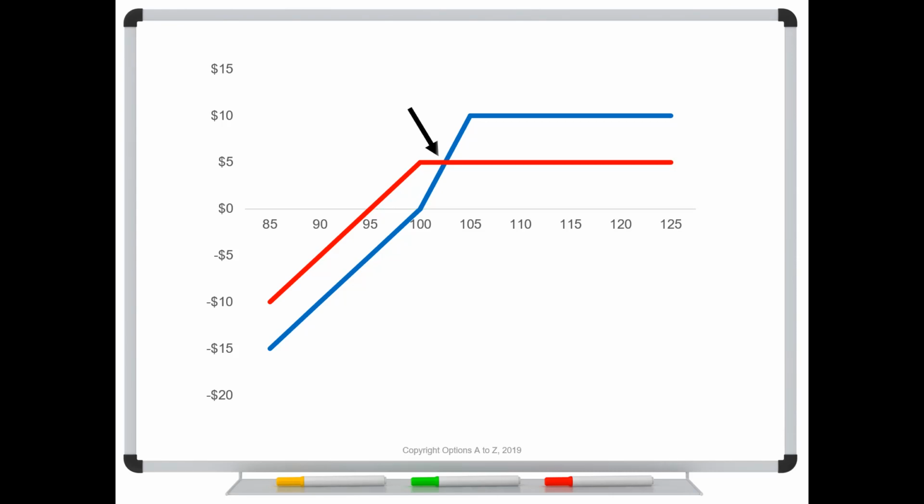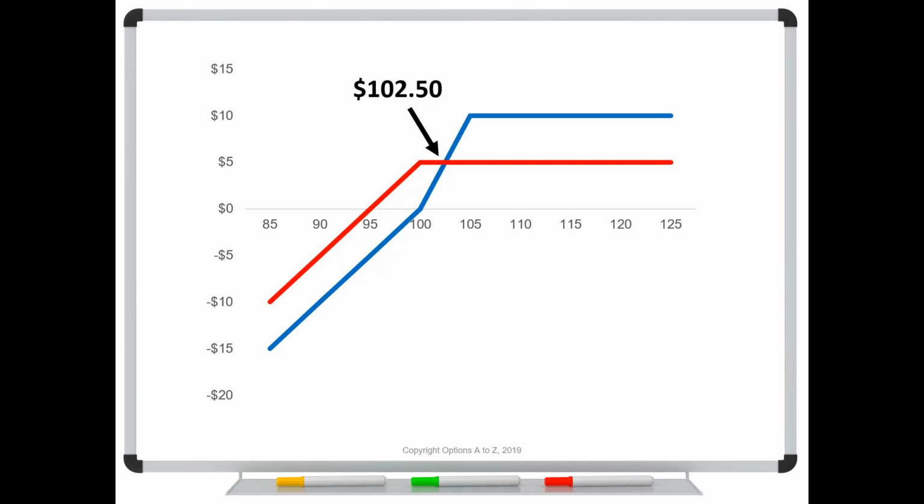But there's also a crossover point right here of 102.50. In other words, if the stock gets to 105, we would make 5 on the stock. I would also make 5 on the covered call. But because I've got 2-to-1 leverage, I'm going to reach that point in half the distance. I only need the stock to go to 102.50.